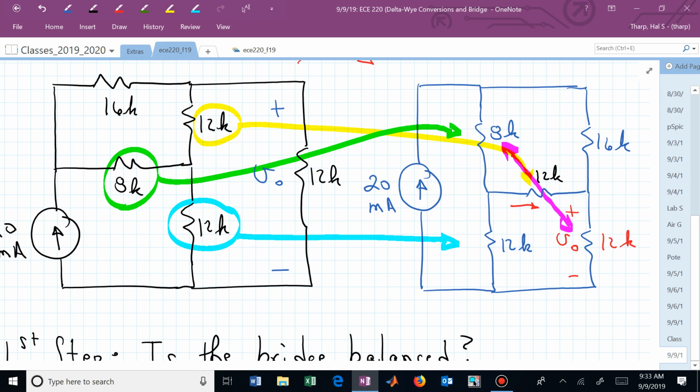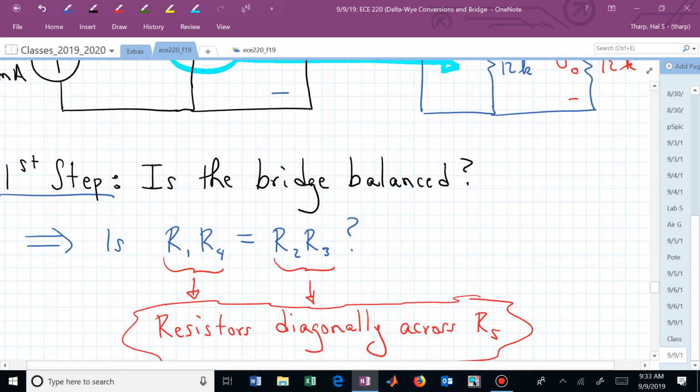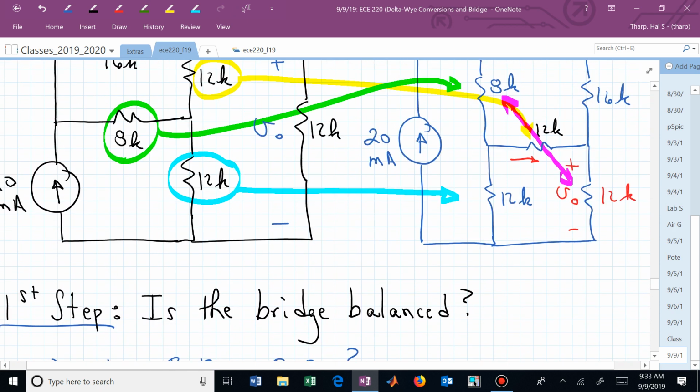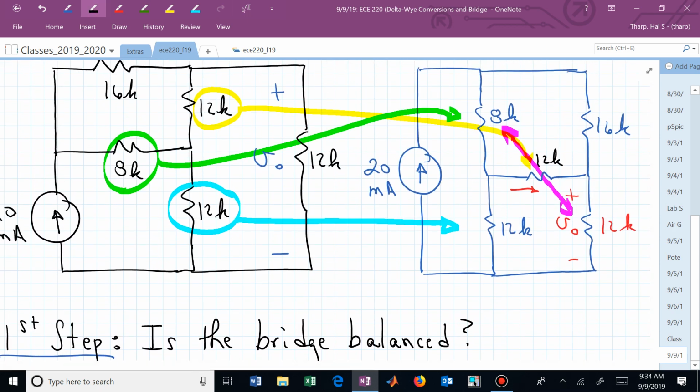This is the quick check. You'll form that product, so we have 8K times 12K, and then compare that with the other diagonal, which is 12K times 16K. Is that product, or those two products, equal? No.